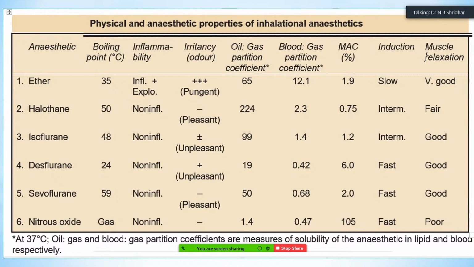The muscle relaxation of ether is very good, whereas halothane is fair, whereas isoflurane, desflurane and sevoflurane it is good, whereas for nitrous oxide muscle relaxation is very poor. So other muscle relaxants need to be administered while the operation is being carried out.